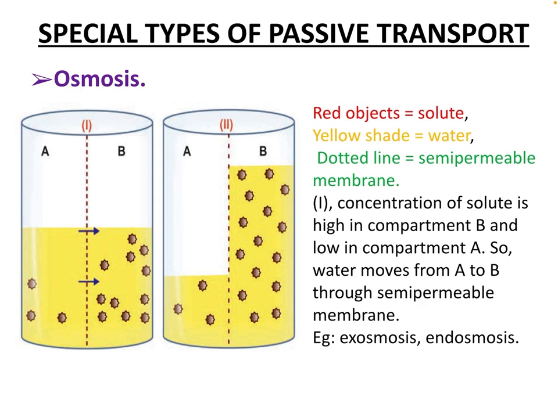Diffusion is the transport of substances from the region of higher concentration to the region of lower concentration. But in osmosis, the water molecules or solvents are transported from the region of lower concentration to the region of higher concentration through a semi-permeable membrane. So, osmosis comes under a special type of passive transport.